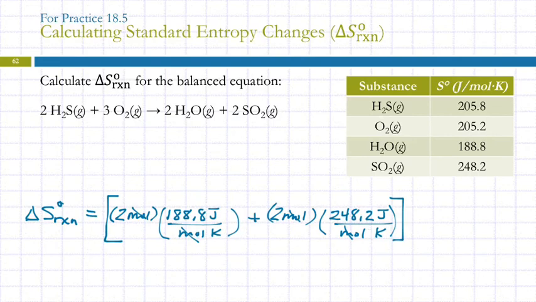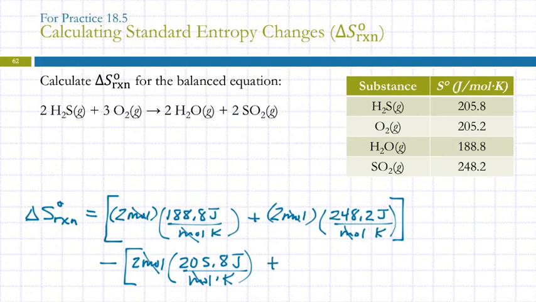And I'm going to subtract the sum of the reactants. So 2 moles of the H2S. Each mole has an entropy of 205.8 joules per mole Kelvin. And 3 moles of oxygen, 205.2 joules per mole Kelvin. Moles cancel out.